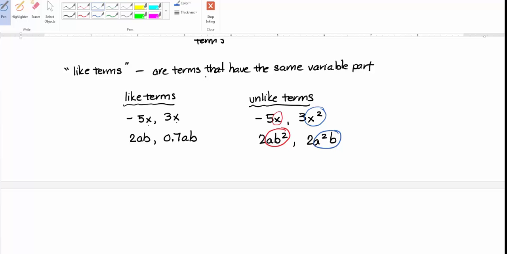Okay, let's do a couple more definitions. So we want to talk about a coefficient. We're going to use that term a lot. And that's all that is, the number that's with the variable part, variable term.